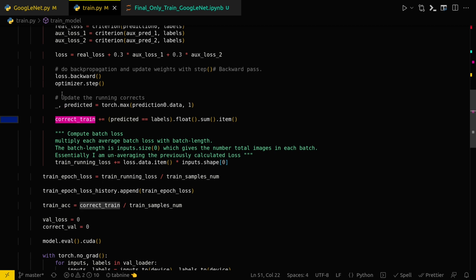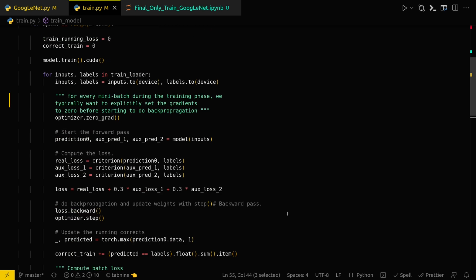And then I also have to calculate the entire batch loss, because up to this point this loss is an average loss. I have to multiply each average batch loss with the batch length, because this loss by default in PyTorch is the average, but I have to kind of unaverage it. That's why I have to multiply it with the batch length, which is the number of samples in the batch, and I will get it by doing inputs.size and taking the 0th element. What are my inputs?